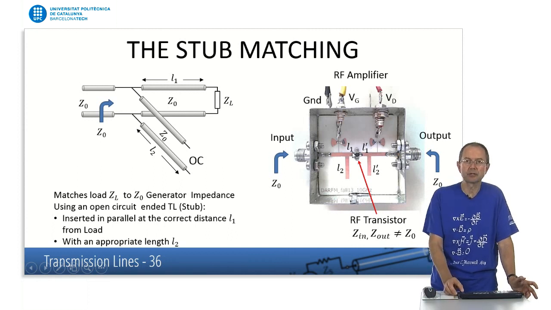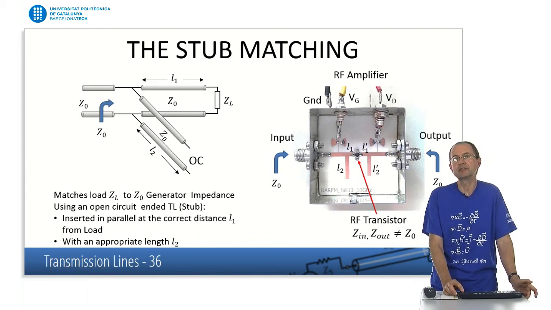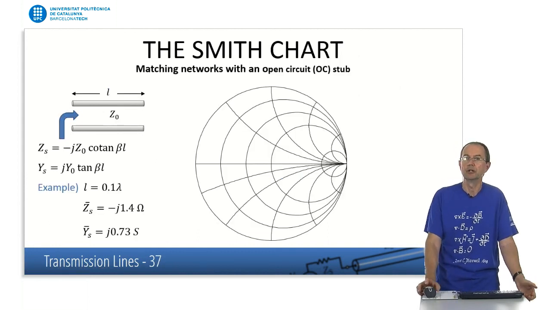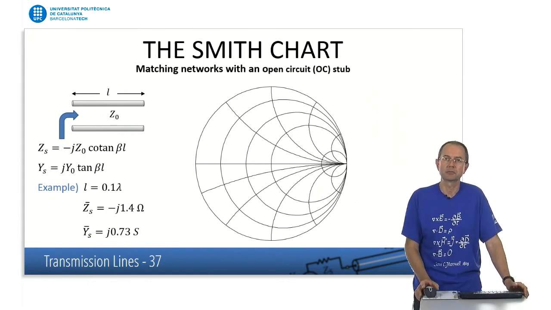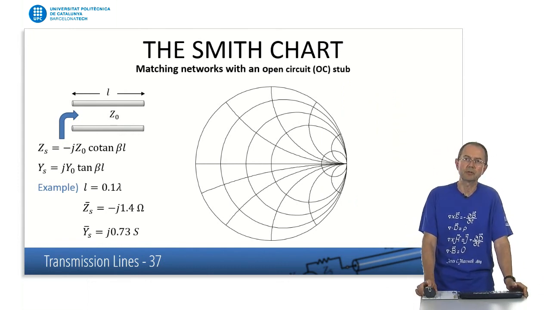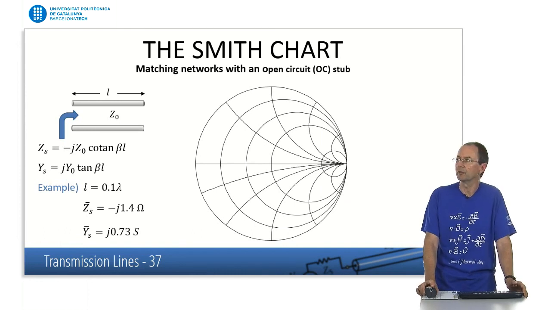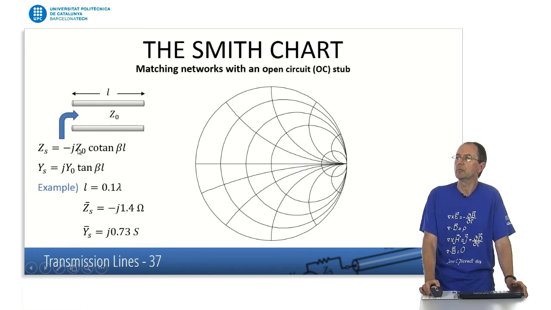So let's see how we can determine these two distances using the Smith chart. It can be done algebraically, but we have introduced the Smith chart before, so let's use it for this particular example. Well, the first thing that we are going to study briefly is, okay, what is the impedance and admittance at the input of the stub.